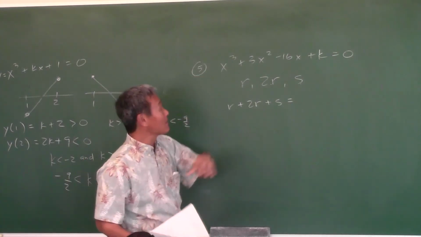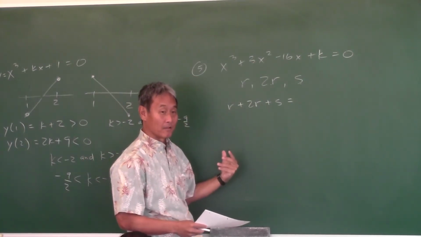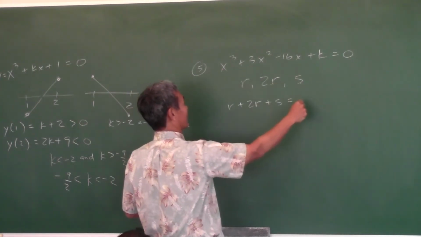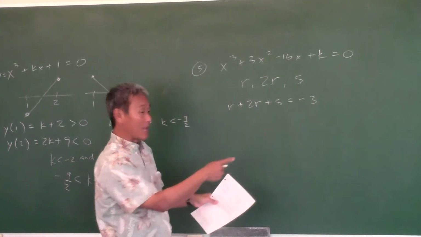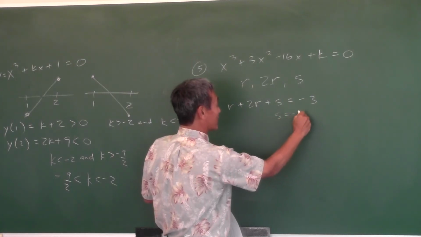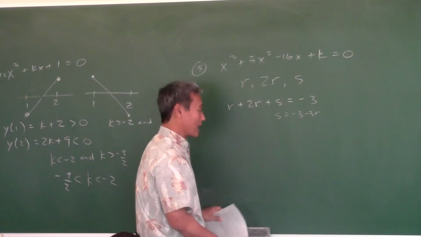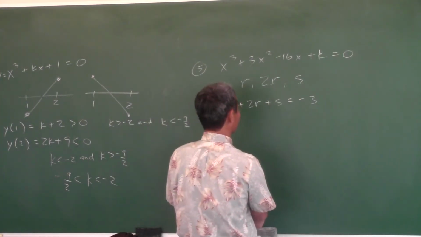Yesterday we didn't have this term, so negative b over a was 0. But now it's not. What is negative b over a? Negative 3. That's how we came up with the third root s. If you solve for s, you get negative 3 minus 3r. You don't have to do that. Just do it like this and nobody will get hurt.